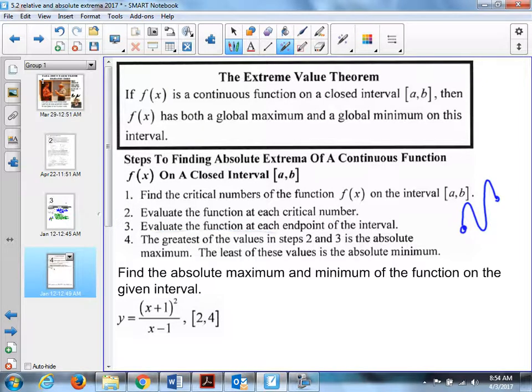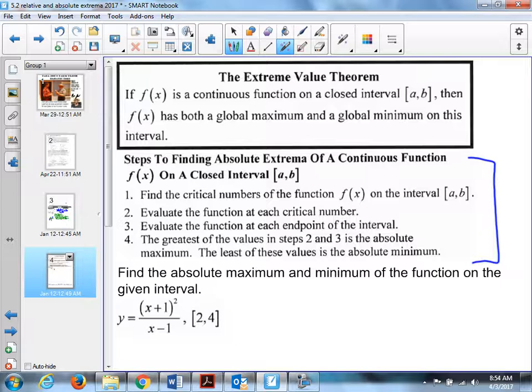You got to check critical numbers there. Check the endpoint. I don't know, is that just disappearing lower or higher than the others? Your critical numbers and your endpoints will give you where the maximum or minimum will be. And 4, the greatest value when you check steps 2 and 3 together is the absolute maximum, the smallest is the minimum.